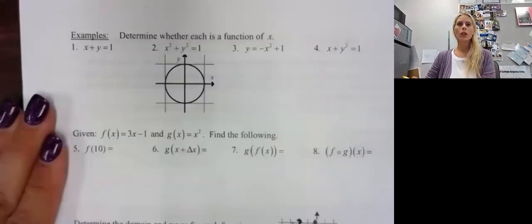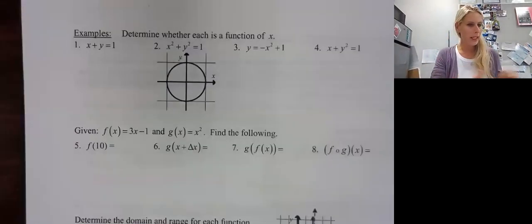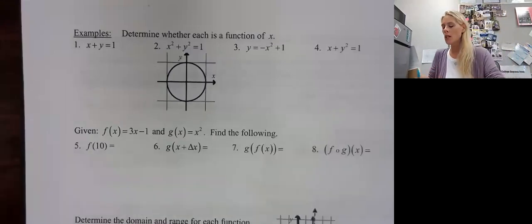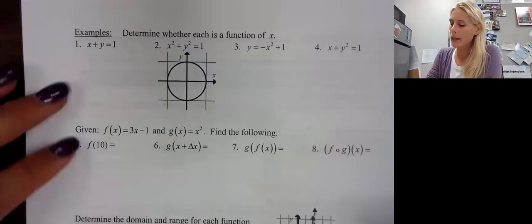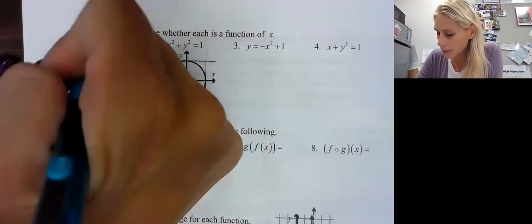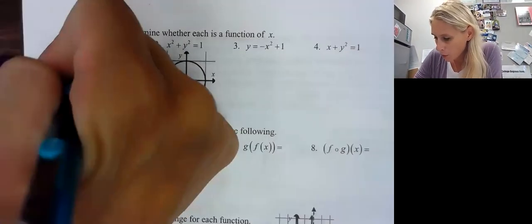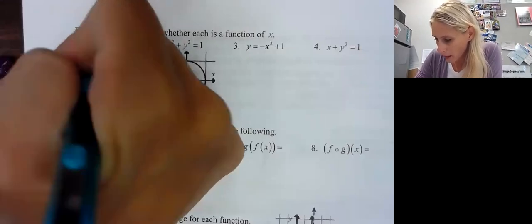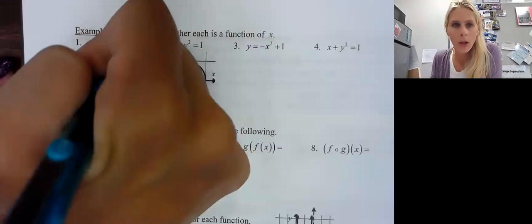Okay. Let's go over some of these examples. Make sure we have this down. So we need to determine if each of these is a function of x. One thing to keep in mind is that sometimes if we solve for y, we get an equation that will be easier to graph.